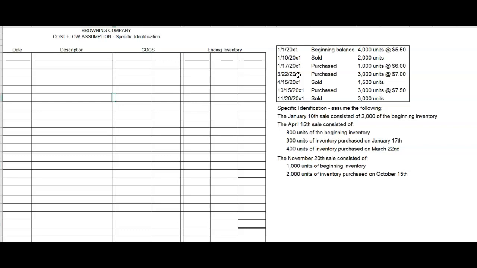Your cost of goods sold and your ending inventory will all be identical to the worksheet you have already prepared for FIFO, LIFO, and average cost. So go ahead and complete the specific identification worksheet through March 22nd. But hold on before you get to the April 15th sale. Check your work through March 22nd, and then we'll do the April 15th sale together.